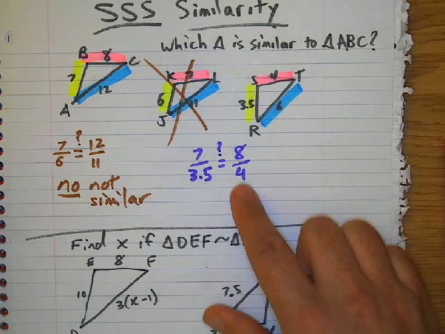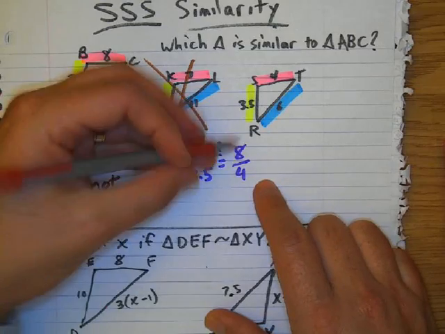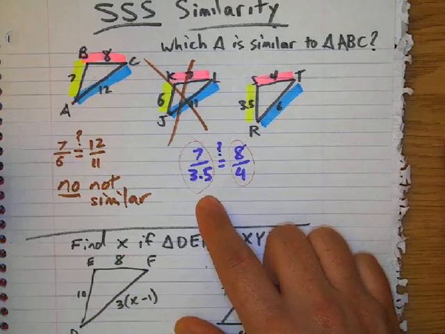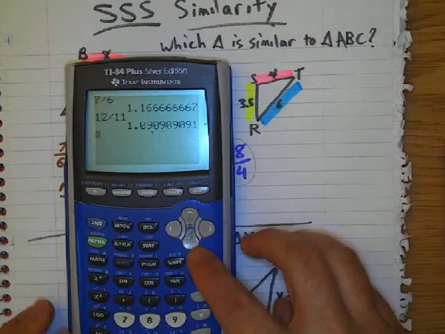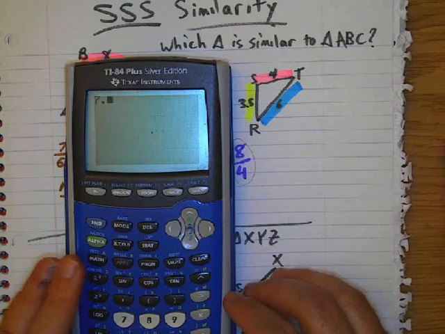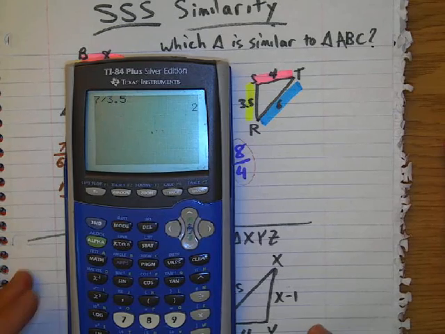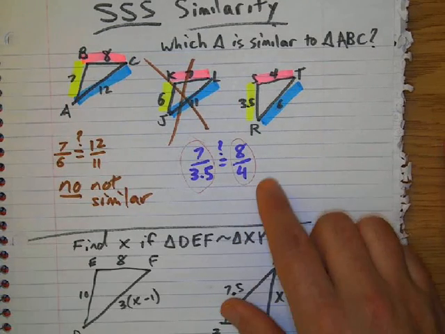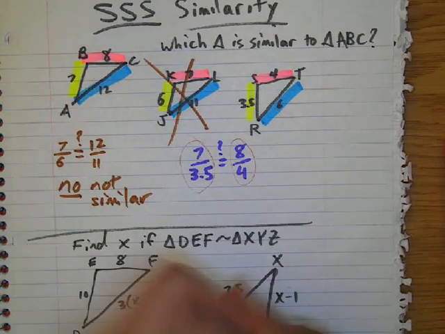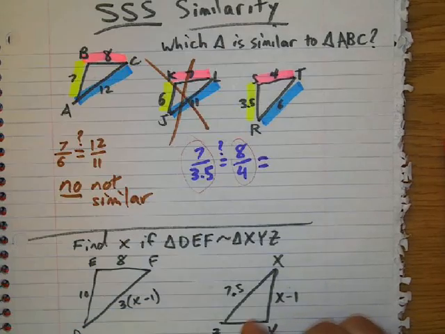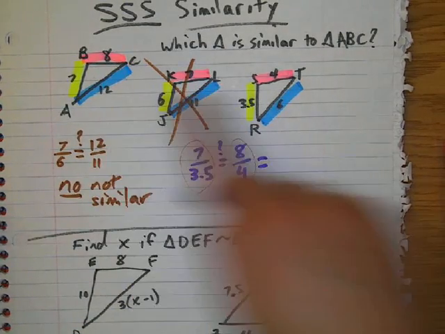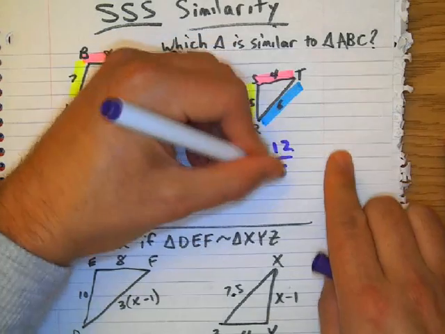Well, first of all, I know 8 divided by 4 is 2, right? And 7 divided by 3.5, you may have already known that, is 2. And what's the other number? 12 divided by 6, that is also 2.